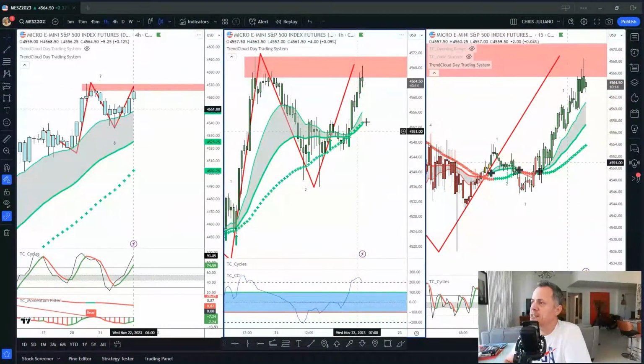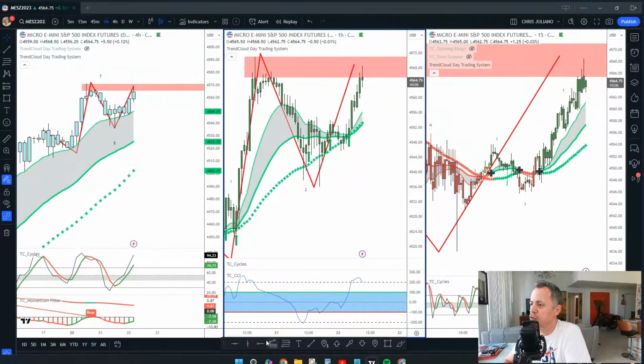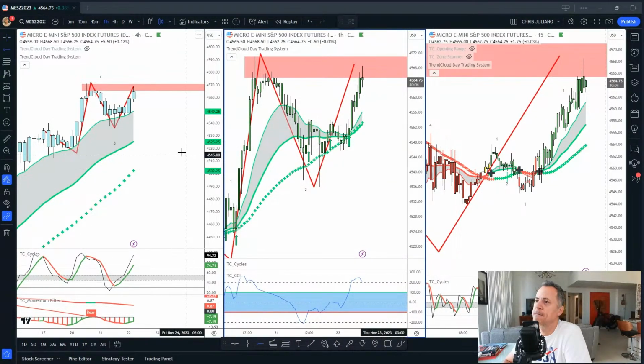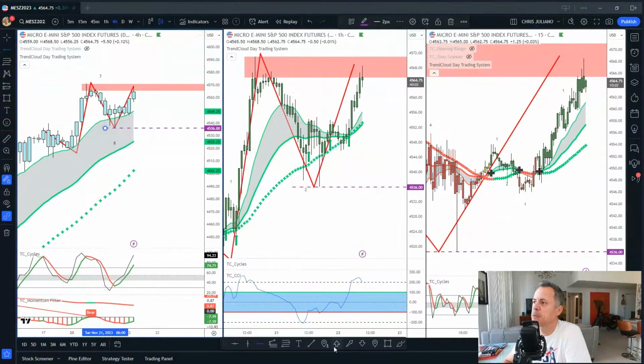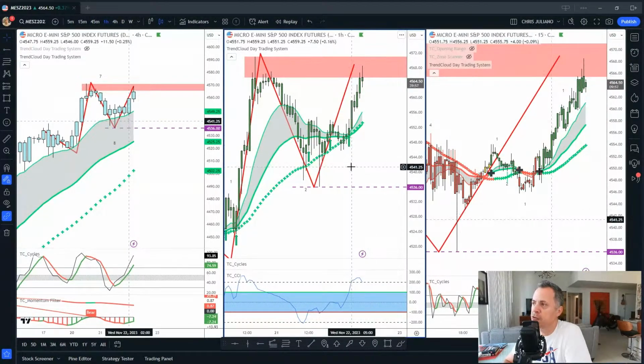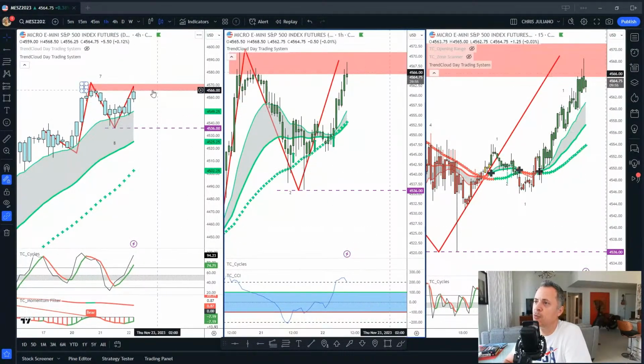So if we get a nice reaction out of here, and this thing starts to break through structure, right there, then we can start looking for a retest into that area.